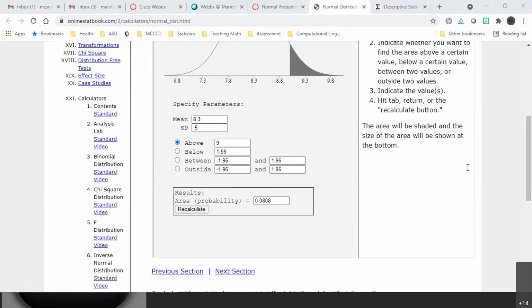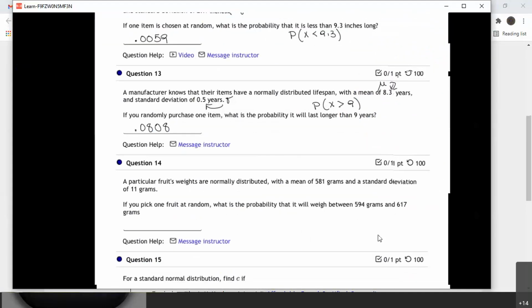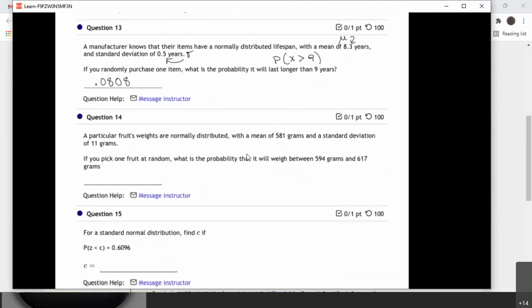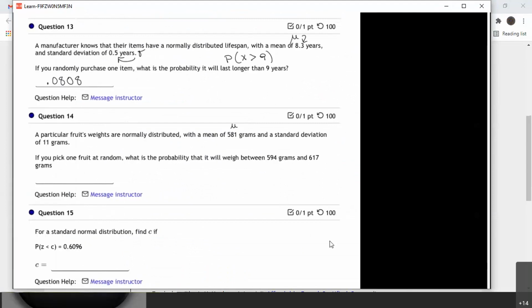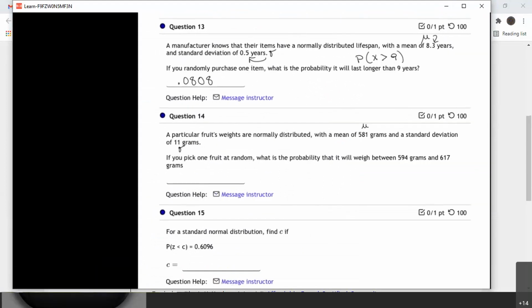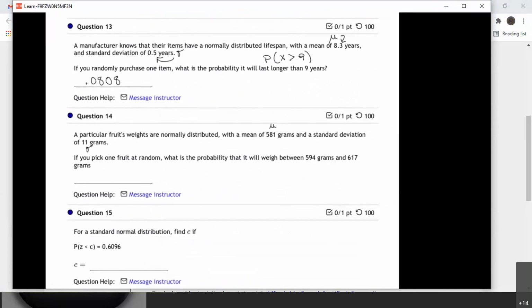I'm going to skip question 14 because question 14 is more of the same. The only difference with 14 is it's asking you to find the probability between two values. So a particular fruit's weights are normally distributed with a certain mean and a certain standard deviation. If you pick a fruit at random, what's the probability it's between?